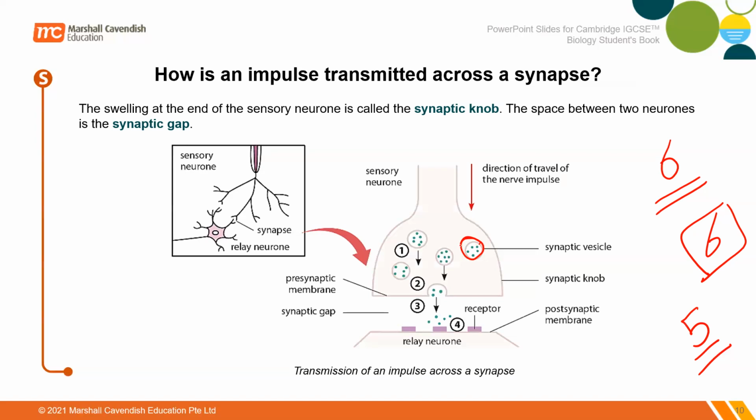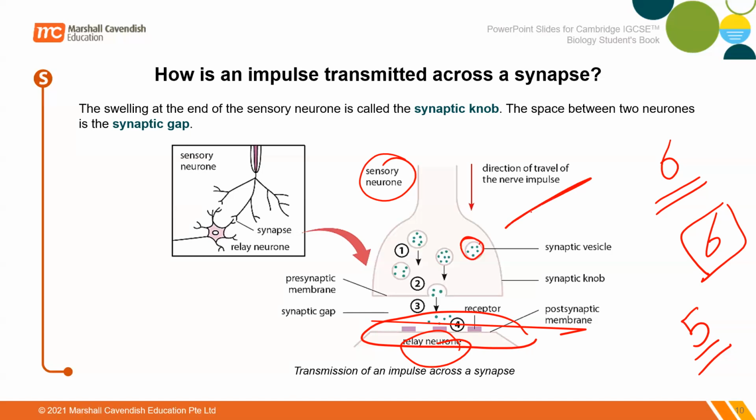What's after? You need to talk about receptors. Please don't forget to talk about receptors on the relay neuron, or on whatever neuron is mentioned. Any neuron before the synaptic cleft is called the presynaptic neuron.